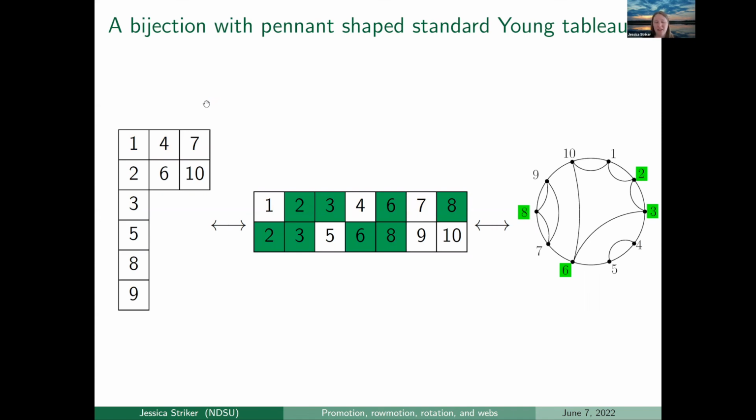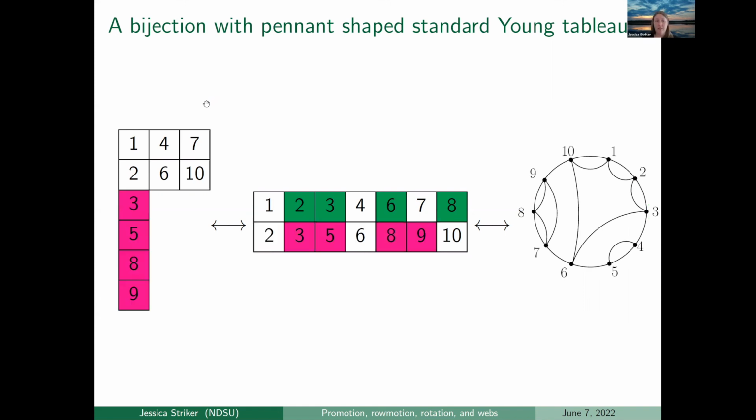And we do something a little bit weird. We just look 1 number to the right of everything in the bottom row. So these pink numbers, and those are what go in the flagpole of our standard Young tableau. And then everything else that's left in the bottom row is what goes in the second row of the standard Young tableau. So slightly trickier than the other bijections I've shown you, but not too bad.